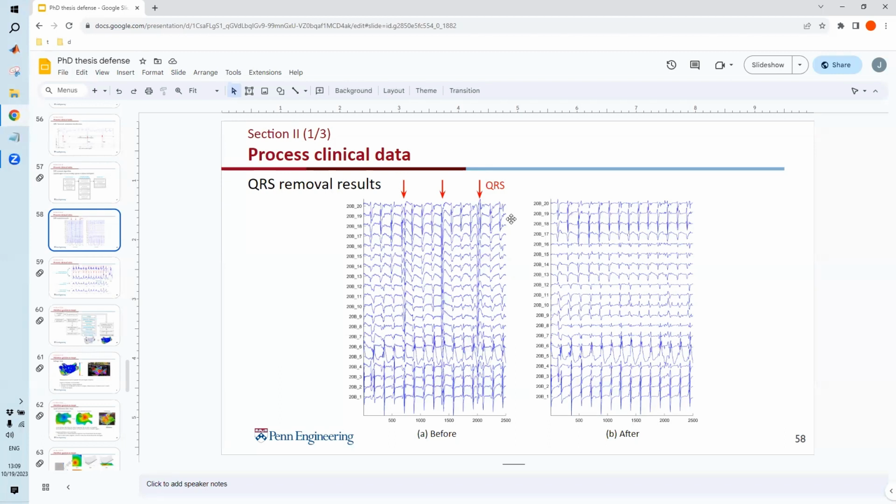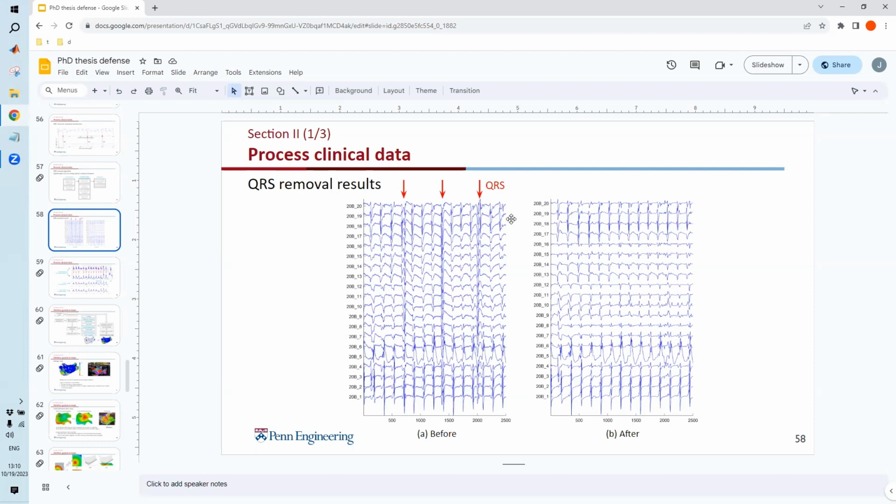Are these bipolar? Oh, we are working on unipolar. The algorithm is developed for unipolar. Sometimes physicians prefer bipolar, but in some situations they prefer unipolar.